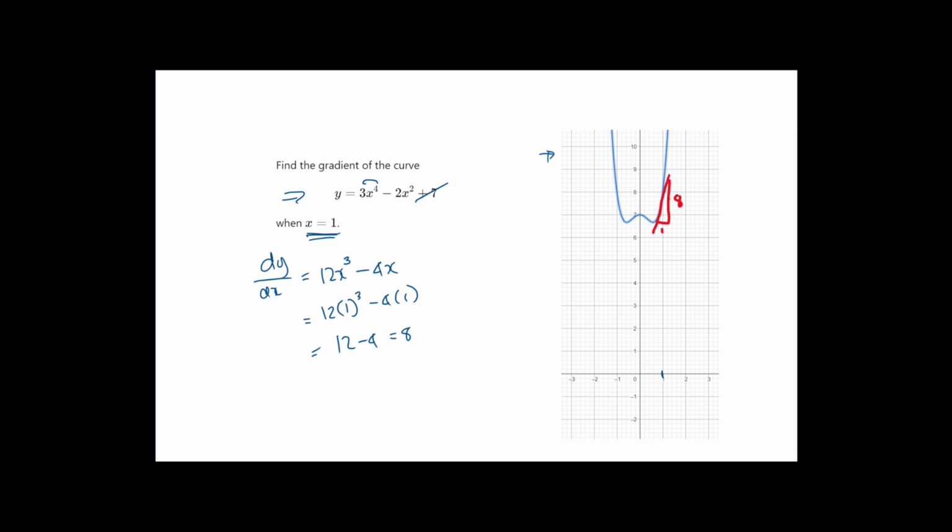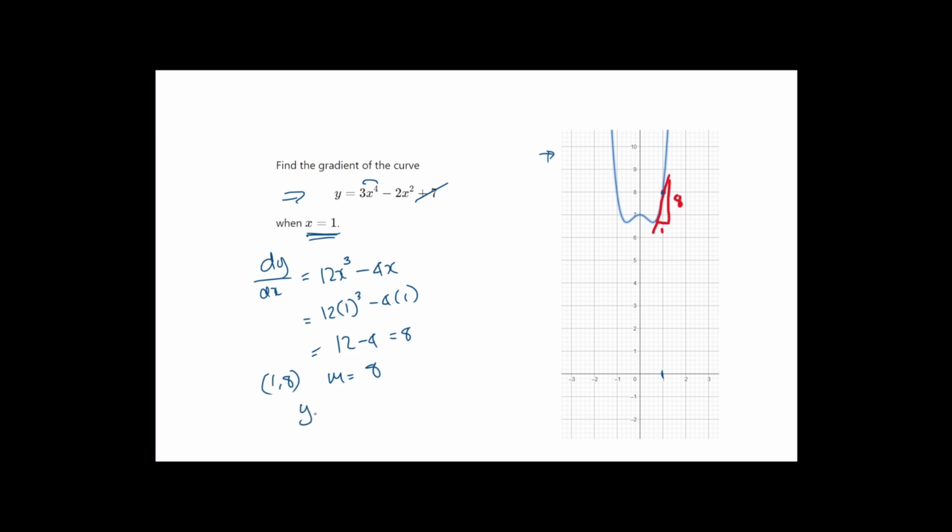It's just the gradient. To find the actual tangent, the actual equation of that line, well, we know by the looks of it, it's at that point (1, 8), and we know that the gradient at that point is 8.